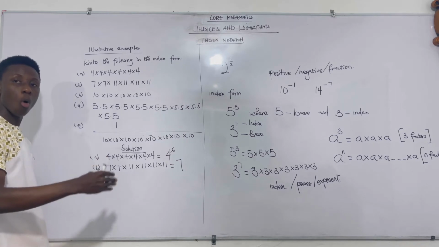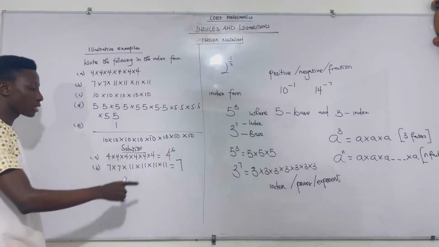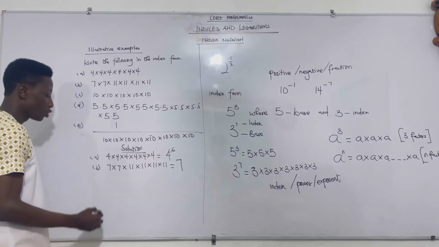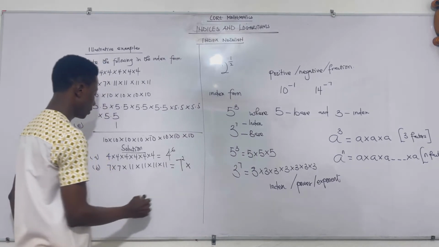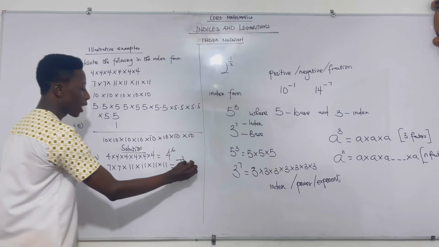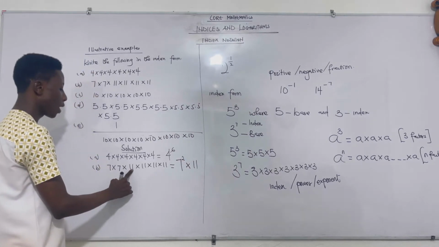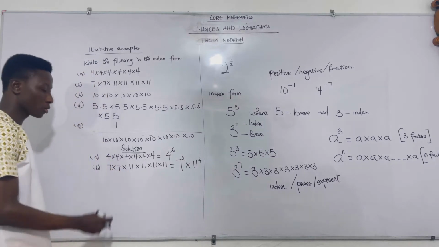If it's 2 or more, you pick 1, then you count the number of occurrences and put that value at the top. So you have 7 to the power of 2, multiplying 11 to the power of what? 1, 2, 3, 4. So 11 is occurring 4 times.